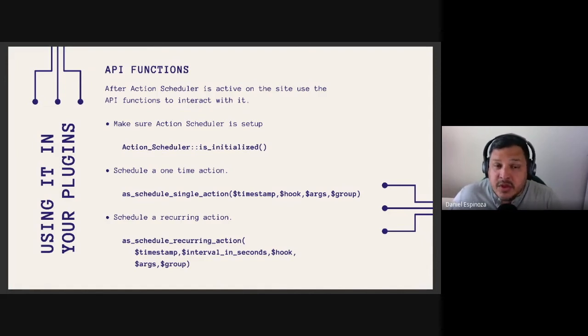But if you know that you have a process that you want to run on a weekly basis, then you can say as_schedule_recurring_action, set to the timestamp of when you want it to fire, and then it takes an additional parameter of an interval in seconds, so you could calculate that out to be a week, a day, 5 minutes, a year, and then this hook will be fired on that interval starting at the timestamp, and it will receive the arguments that you list in this API call.